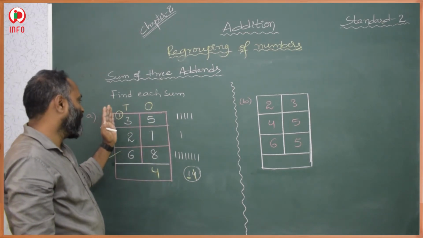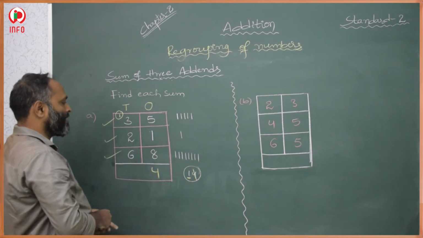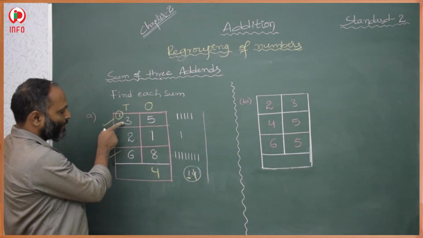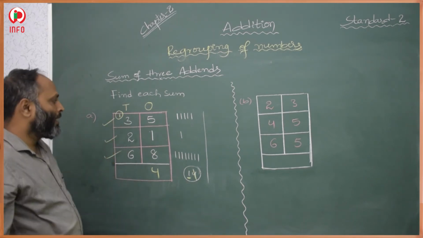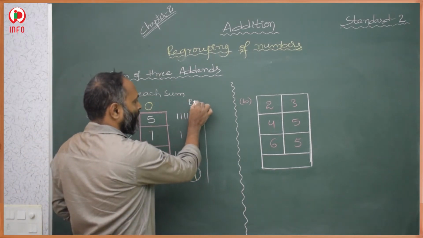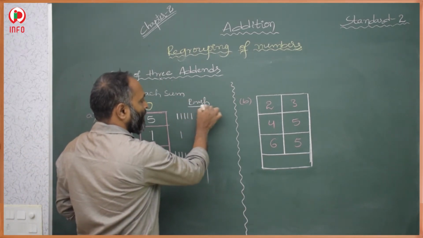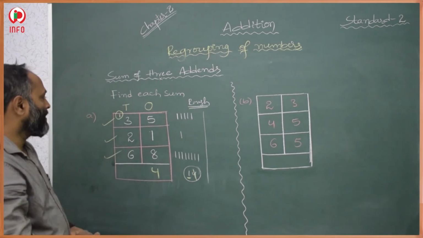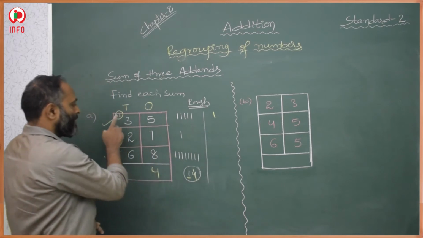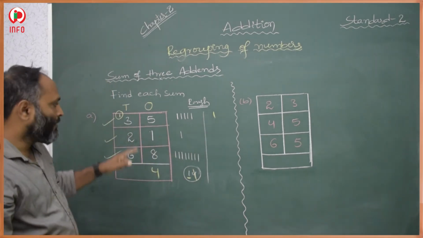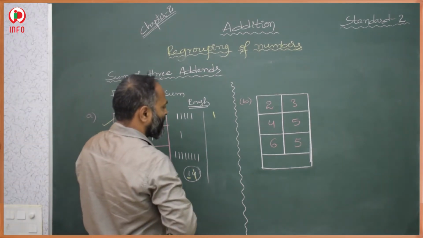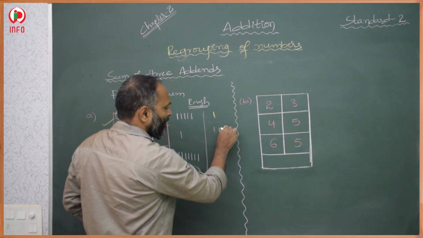Now we are going to add the tens place. In the tens place we have to add 4. First we have to use the rough column. This is our rough work column. In this rough work column first 1 is there, draw 1 line. This one also we have to take. Then 3 is there, draw 3 lines: 1, 2, 3.